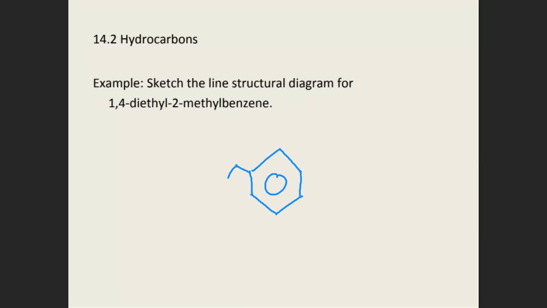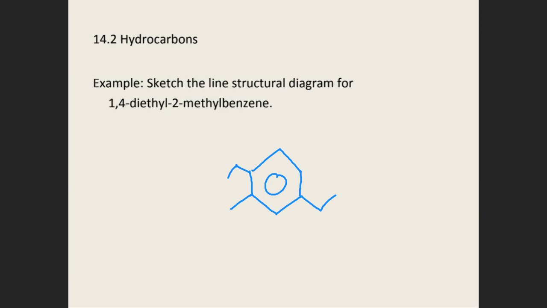Yeah, I'm going to go counterclockwise. 1, 2, 3, 4. I'll do it like that. I think it looks funny that way. And there's my methyl. I did it. 1, 4, 2 methyl benzene.